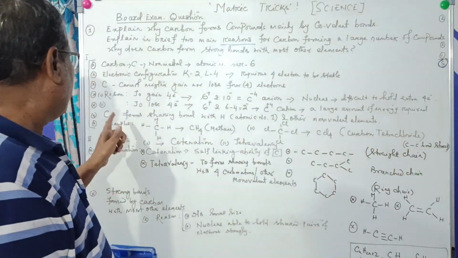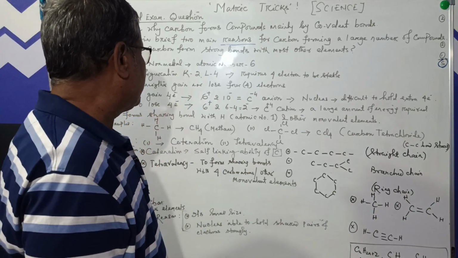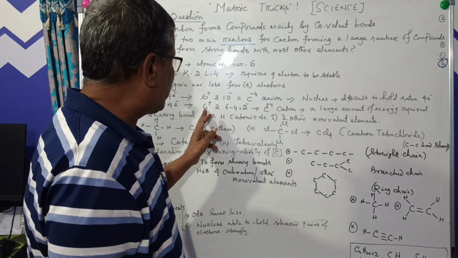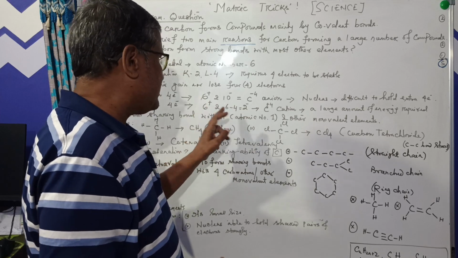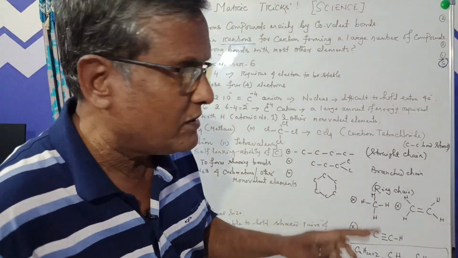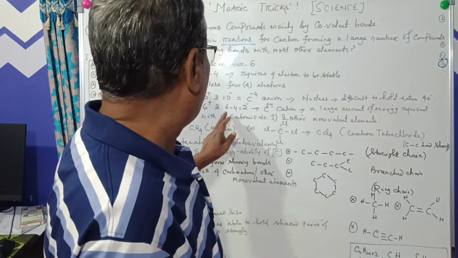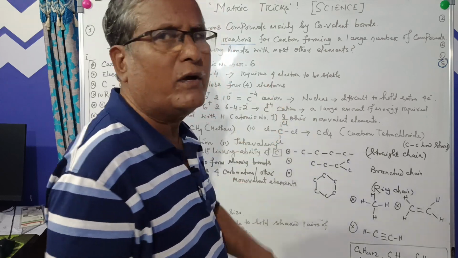Then the second reason: if it loses 4 electrons, meaning gives them away, there will be 6 protons in the nucleus and only 2 electrons in the outer shell. So it will be dominated as 6 minus 2, which is 4, so C4+.